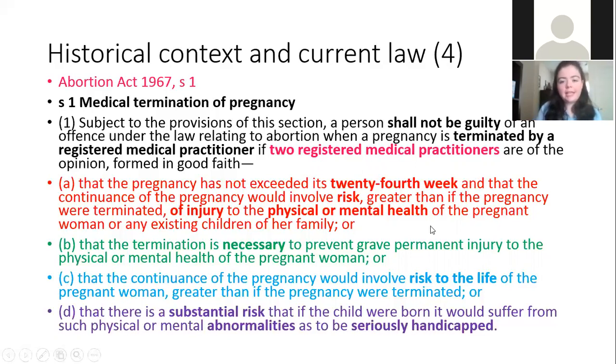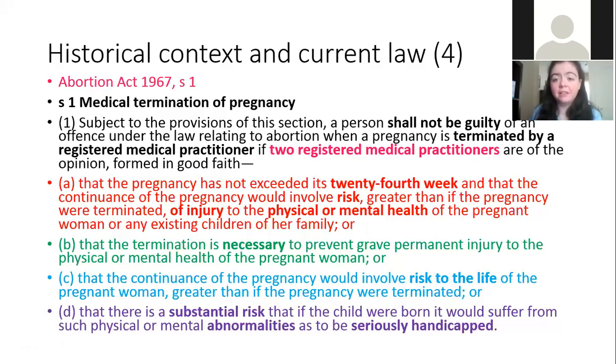So the one in red, A, is that the pregnancy has not exceeded 24 weeks, so that's up to a 24-week limit, and that the continuance of the pregnancy would involve risk greater than if the pregnancy were terminated of injury to the physical or mental health of the pregnant person or any existing children of the family. This is actually very wide-ranging.